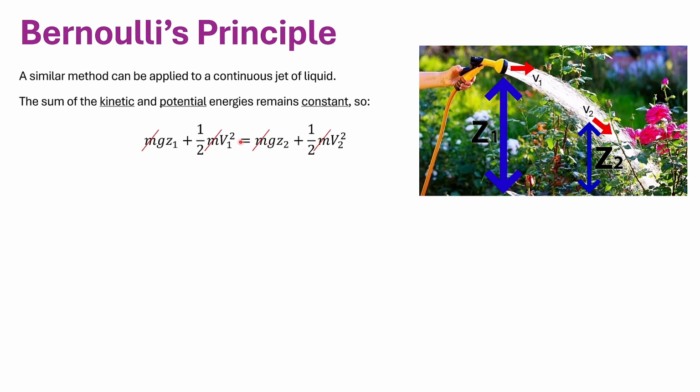Since m is constant, it cancels. So this formula simplifies to 1/2 times v1 squared plus gz1 equals 1/2 times v2 squared plus gz2.